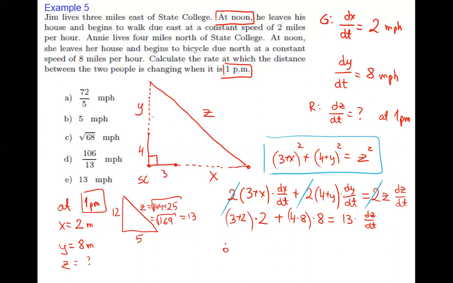Okay, and now solving for dz/dt, the rate of change of z, we will divide the entire left-hand side by 13.